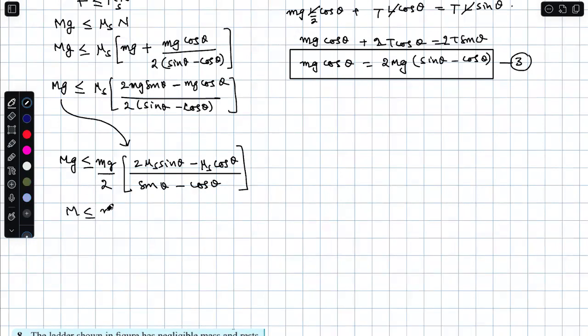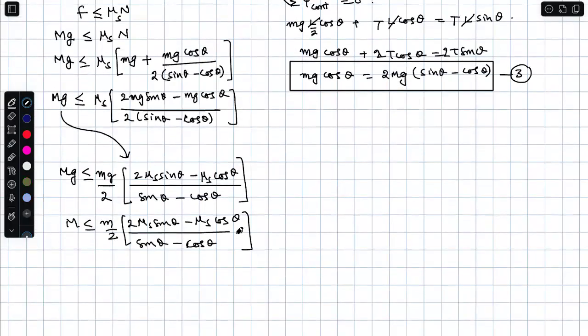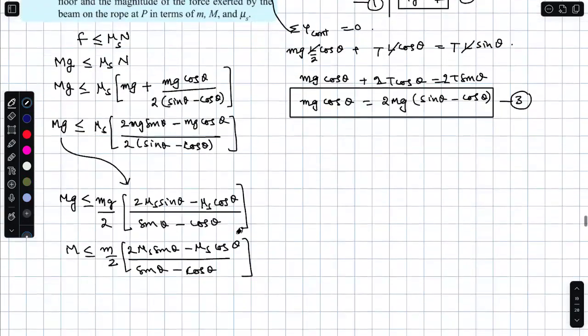M is less than or equal to small m by 2 times (2 mu s sin theta minus mu s cos theta) by (sin theta minus cos theta). That is one option. Okay, fine.